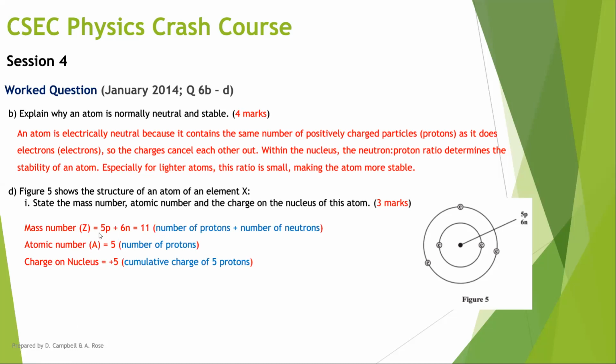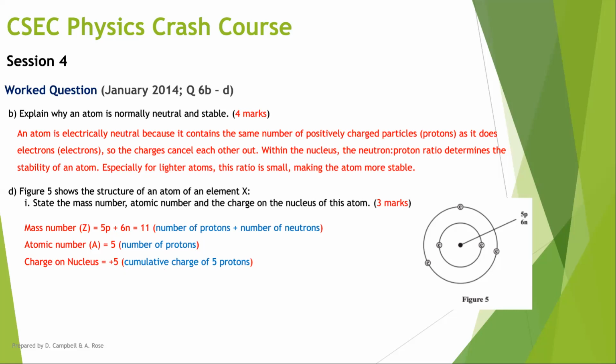Now the atomic number is the same as the proton number, and it's right there for us to see. There are 5 protons, so the atomic number is 5. As it relates to the charge on the nucleus, remember that the neutrons do not have any charge.